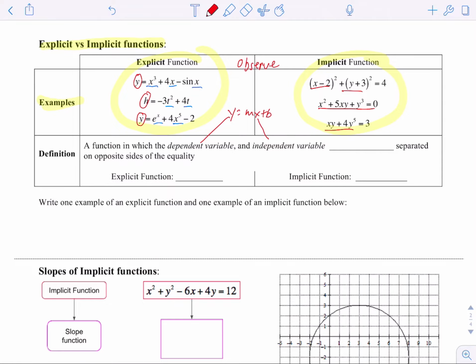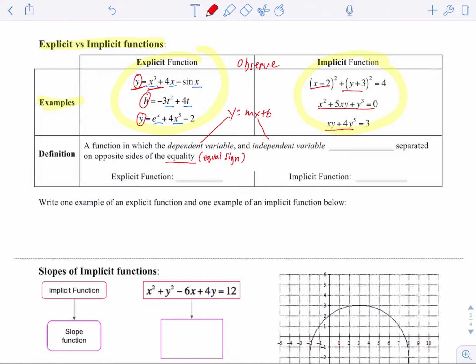So a function in which the dependent variable and independent variable are blank, separated on opposite sides of the equal sign. What do we notice about explicit functions? We see that the y and the x are on opposite sides.